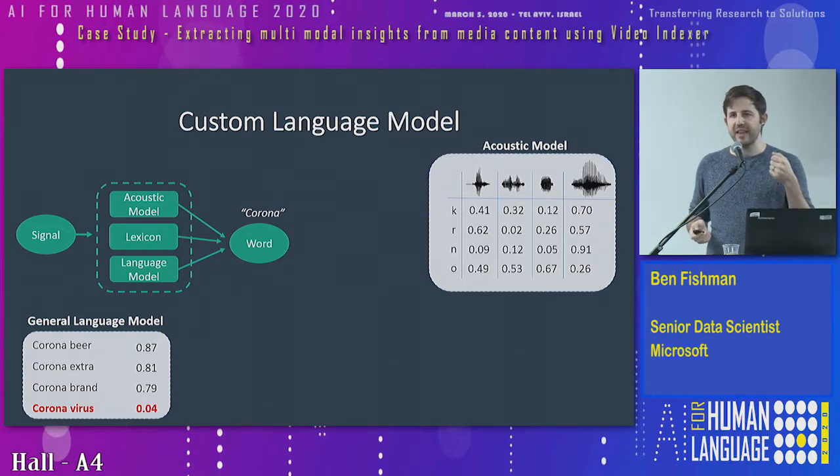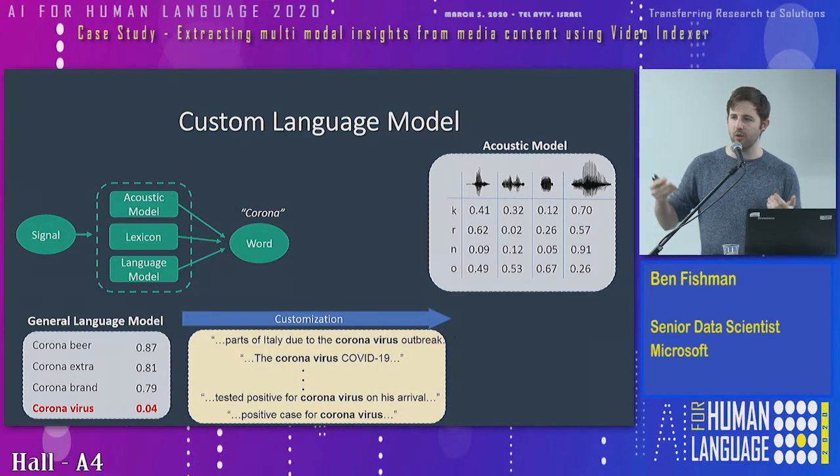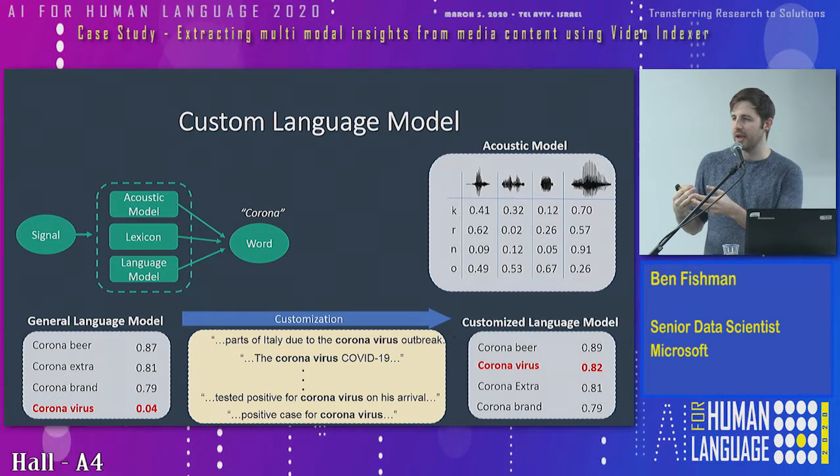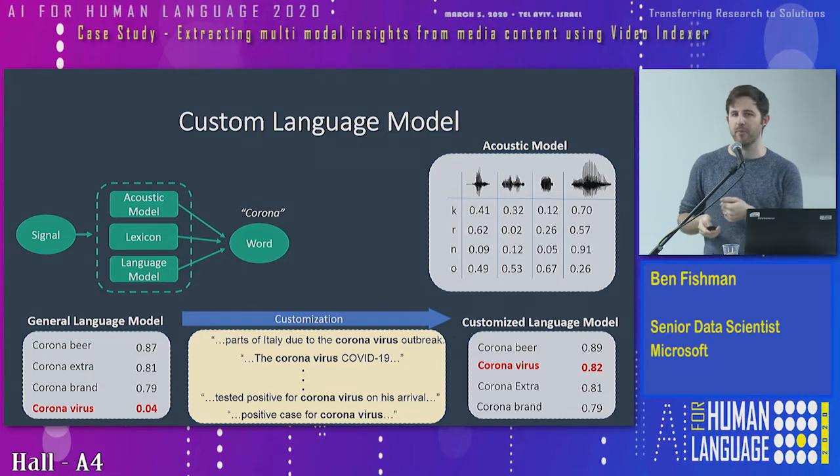We provide the user the option to upload their own text file to Video Indexer with many types of sentences, like "part of Italy due to the coronavirus outbreak," etc. We retrain our language model to create the customized language model. And as you can see here, the coronavirus phrase went up with really high probability.